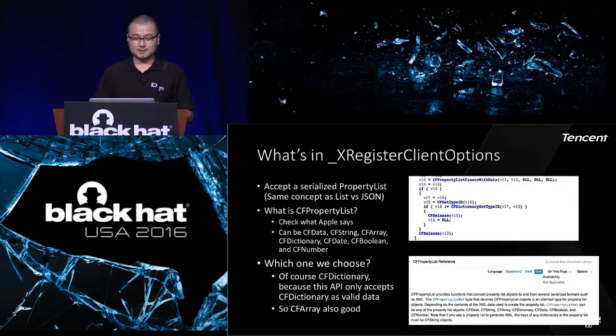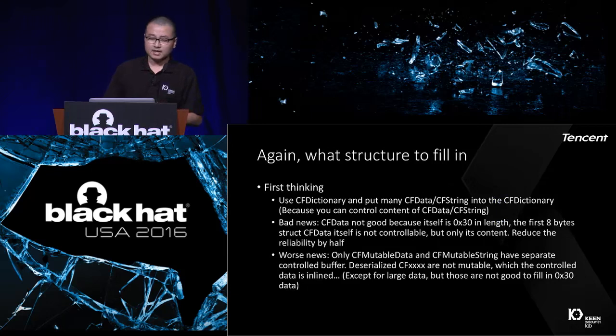And in this process, some complex operation will be handled. So you will find something very interesting. And the first thing we are considering is that we want to try to fill in with CF data, CF string, or CF blah blah blah.